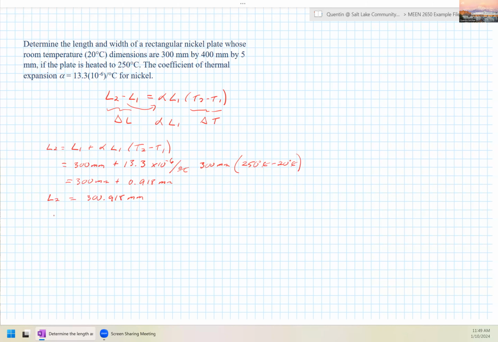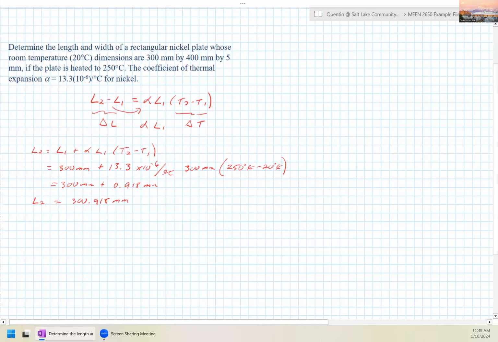The 400 millimeter portion is just the exact same thing. We're going to say L2 is equal to L1, which is 400, plus the same 13.3 times 10 to the minus 6 times 400 times 250 degrees C minus 20 degrees C. So this ends up being 400 plus 1.224.